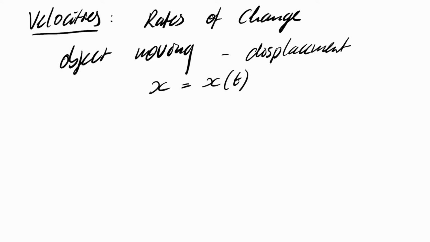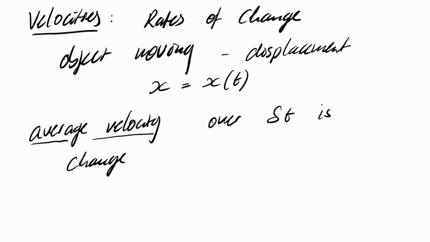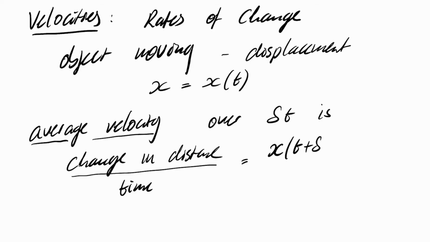As time evolves, so does the displacement. Now, the average velocity over an interval delta t is just the change in the distance over the time. This is equal to x at the end of the time period, which is x of t plus delta t, minus x at the initial time, divided by the time period, which is just delta t.